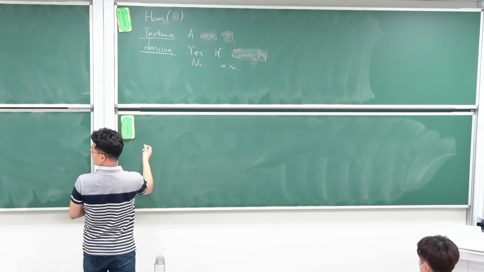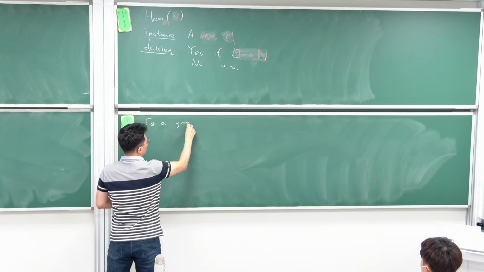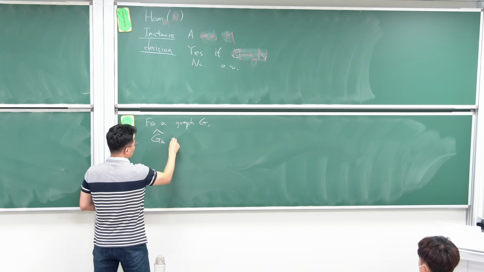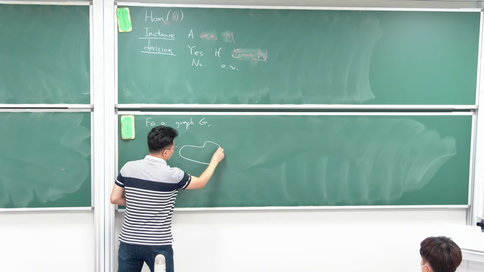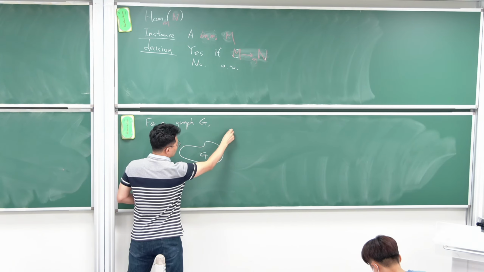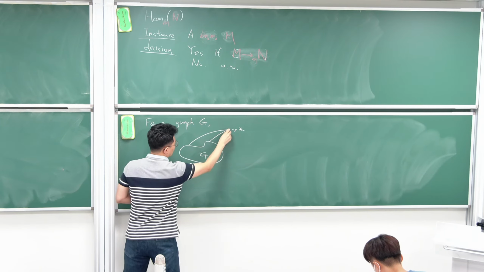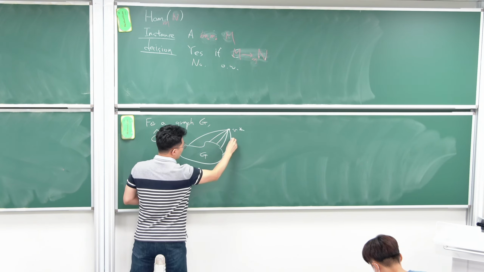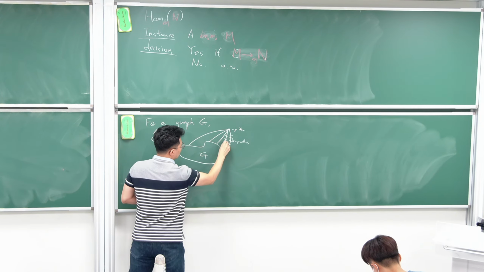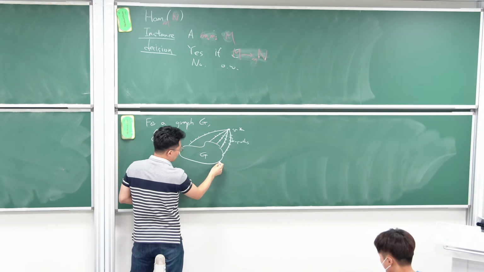So let's say for a graph G, we define G K hat. This is the graph obtained from G by adding V star and K paths to each vertex in G.